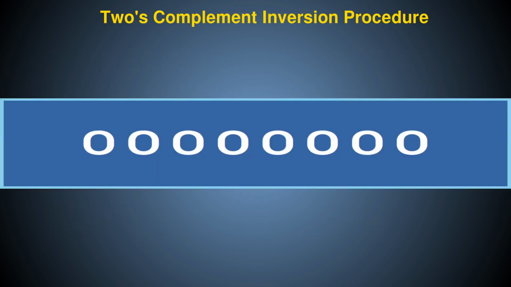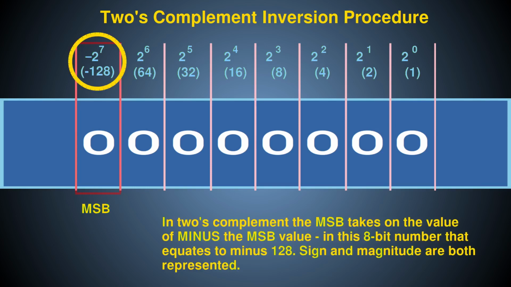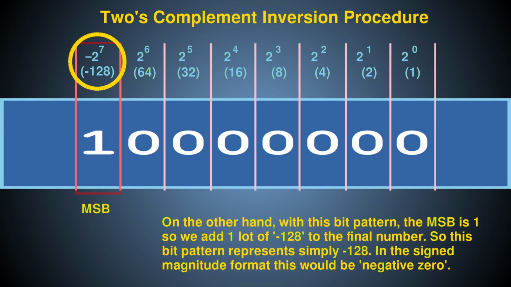Furthermore, the 2's complement procedure doesn't use the most significant bit as only a sign bit, thereby preventing it from being used for anything else, as with the signed magnitude method, but rather it uses the MSB as both a sign indicator and a value bit simultaneously. In this way, the 2's complement can express negative numbers while still expressing the full range of different values available with any given number of bits.